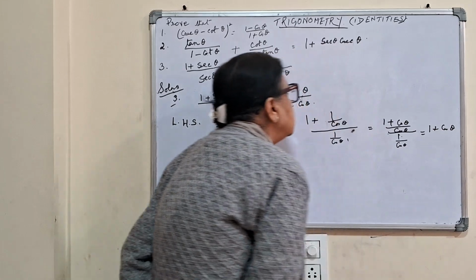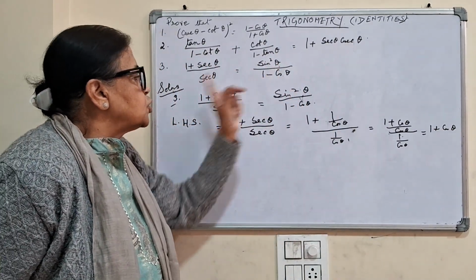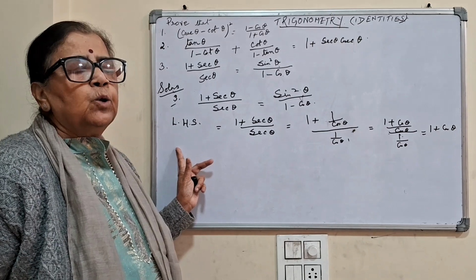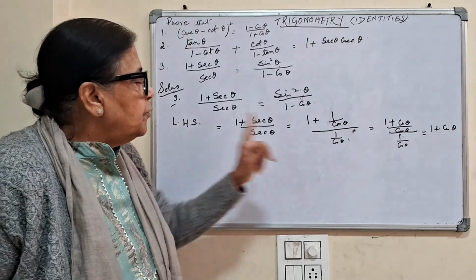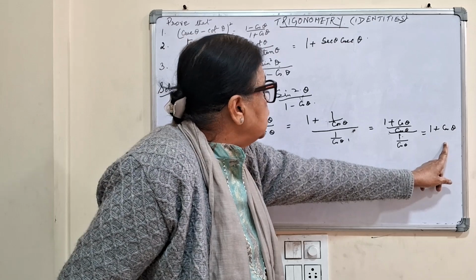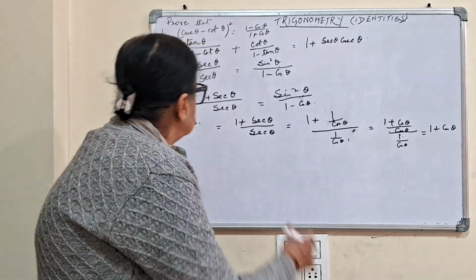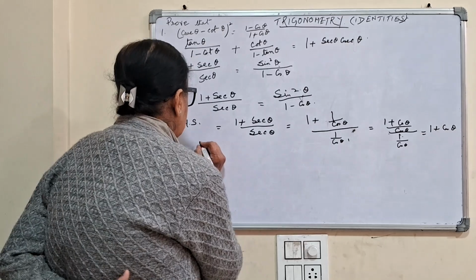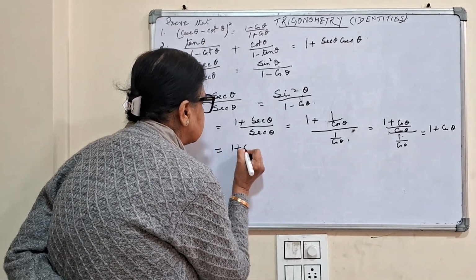See, I can do it from this side also, left hand or right hand side, or I can continue from here also. This I will do. That is equal to 1 plus cos theta.